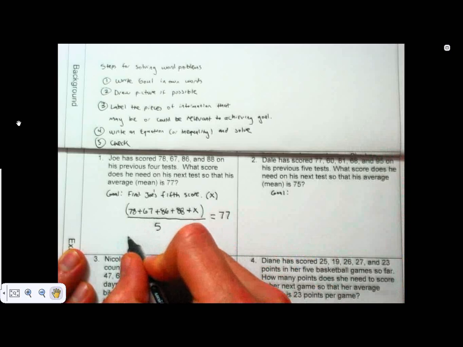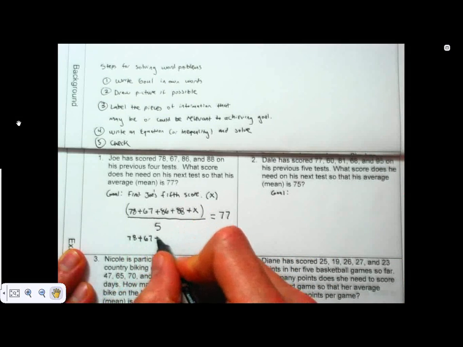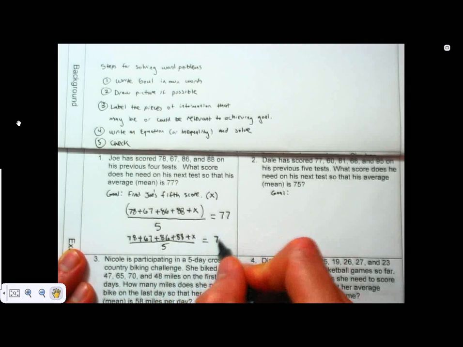So I'm going to recopy what I've got, which is 78 plus 67 plus 86 plus 88 plus X all over 5 equals 77. And I'm going to multiply this whole side by 5 and the other whole side by 5.